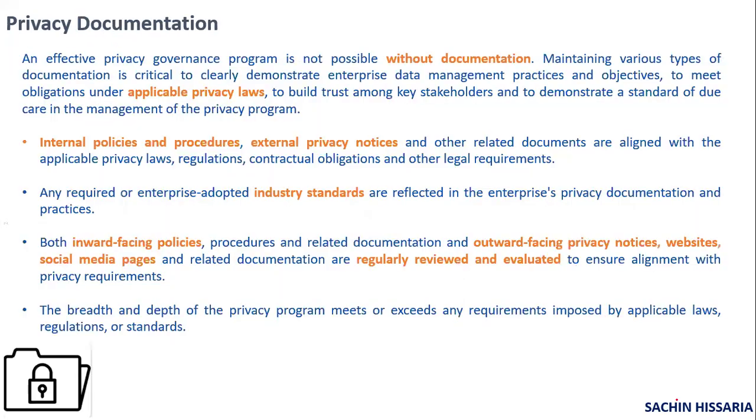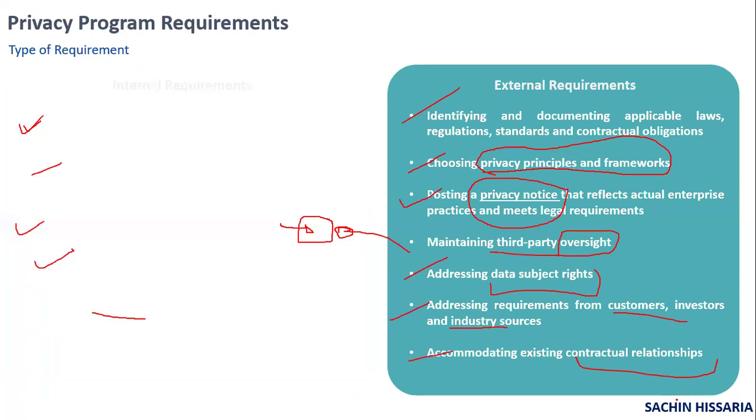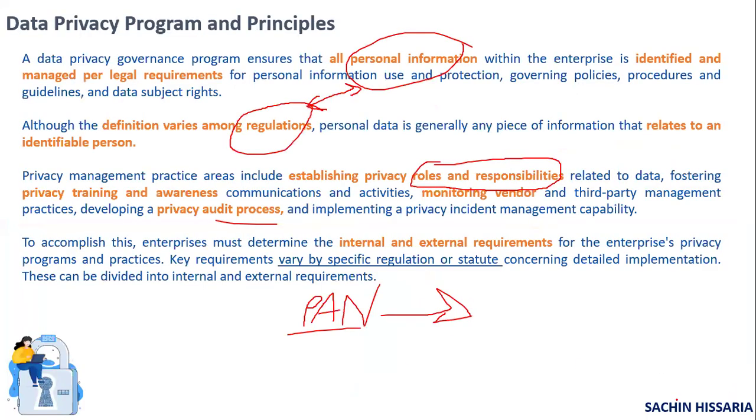Okay guys, so this is about the privacy program requirement. I will just summarize what we had discussed. We discussed data privacy programs in principle, where first the company needs to identify how many personal information items they are collecting. The definition of personal information will vary based on the regulators where your company is operating.